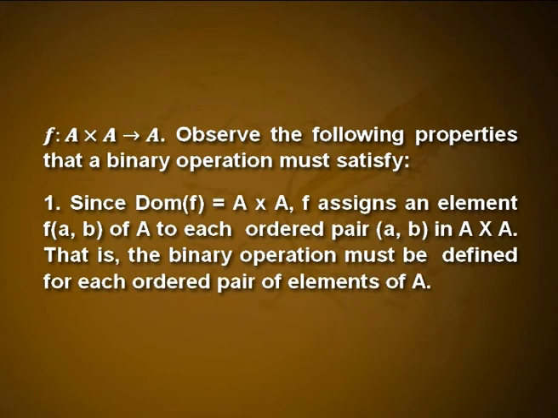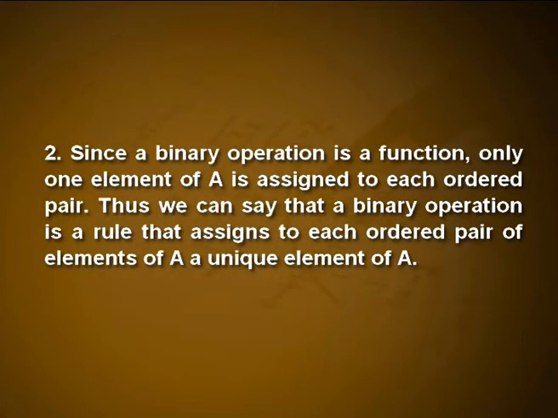First one, since the domain of f is equal to A cross A, f assigns an element f of (a, b) of A to each ordered pair (a, b) in A cross A. That is, the binary operation must be defined for each ordered pair of elements of A. Second one, since a binary operation is a function, only one element of A is assigned to each ordered pair. Thus, we can say that a binary operation is a rule that assigns to each ordered pair of elements of set A a unique element of set A.